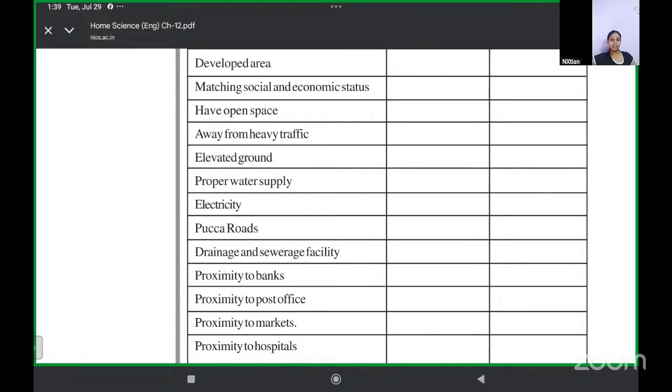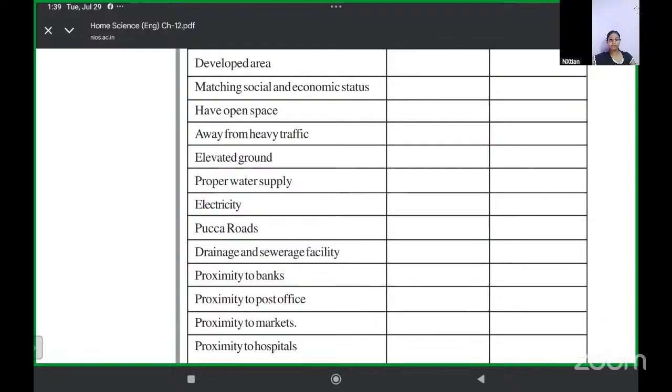It is not related to the floor. It is related to the road level: if the road is here and your house is lower than it, that would be a low lying area. So we don't have a low lying area, it is on the road level only, so elevated.